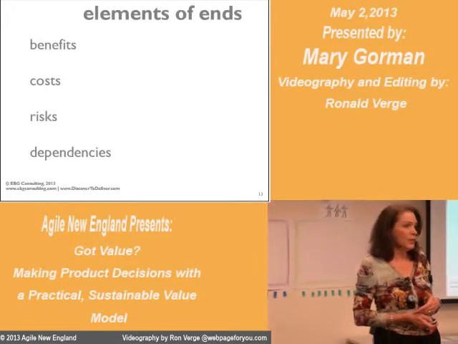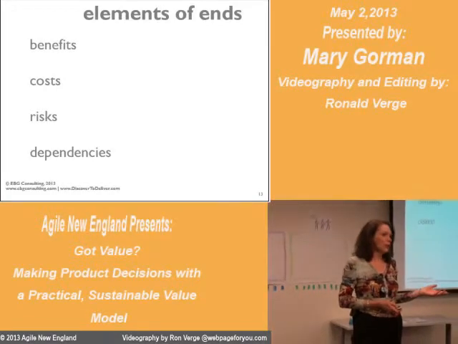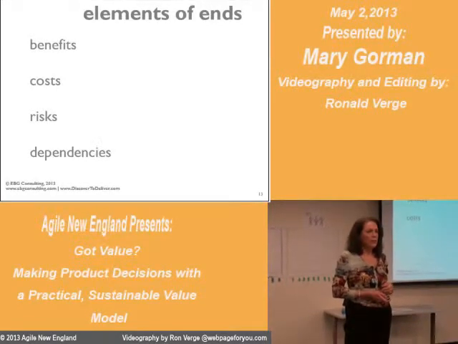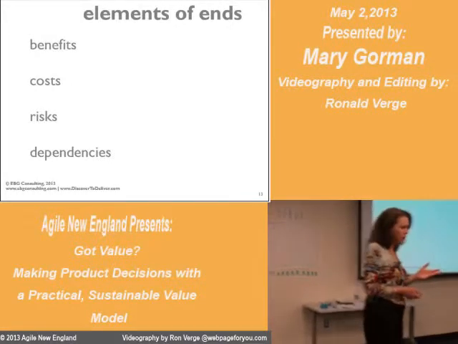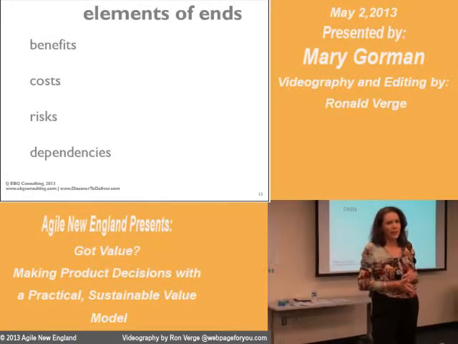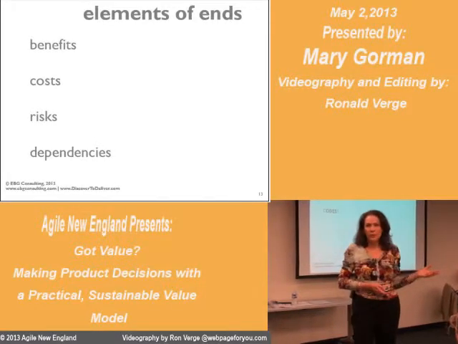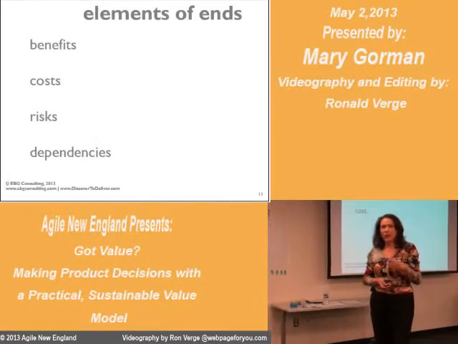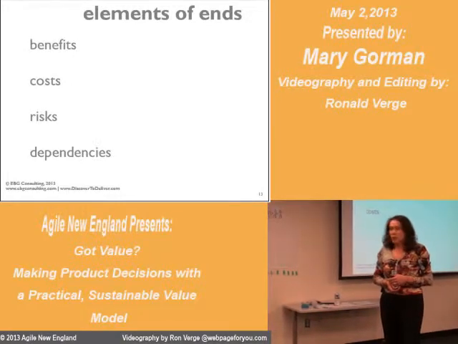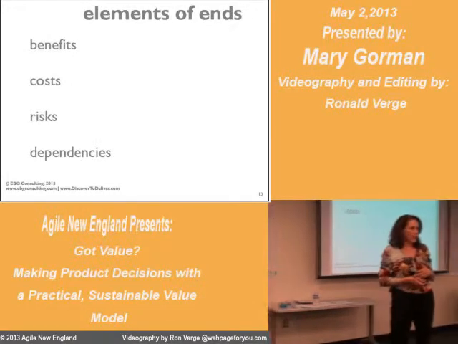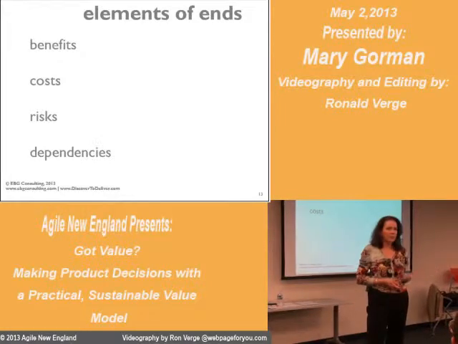The benefits could be some sort of increased financial gain. There could also be intangible benefits, such as saving lives. We have a particular client that builds diabetes meters. And of course, we have to think about the cost to actually create this product.